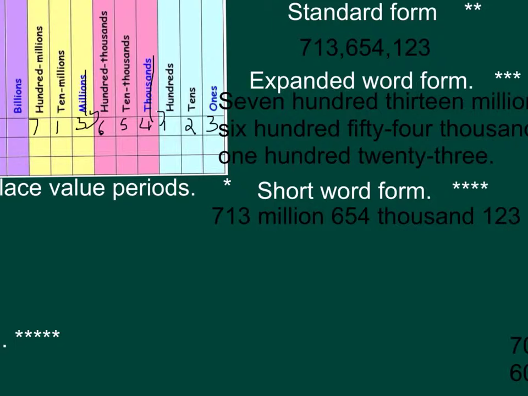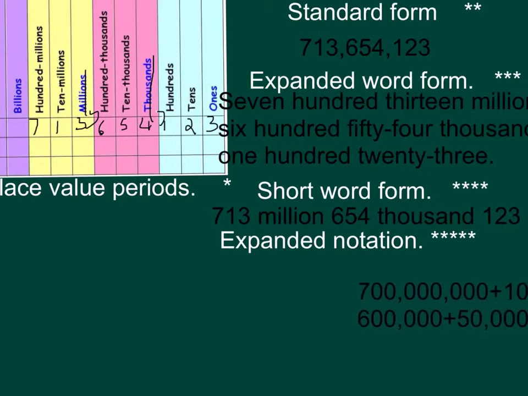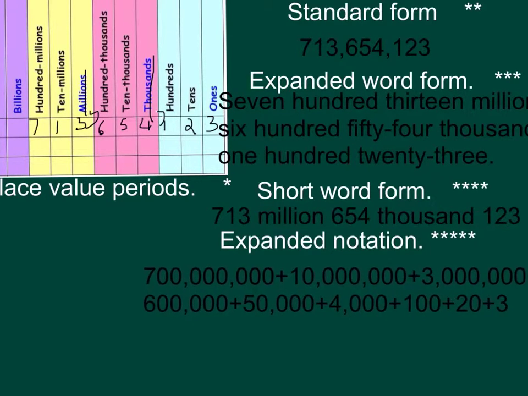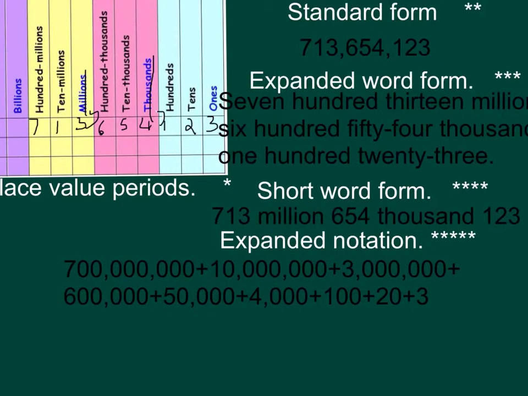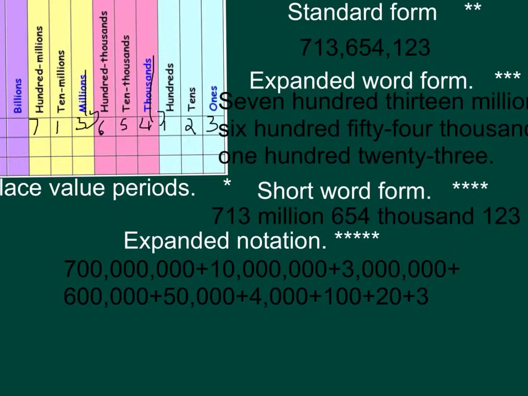The next way we can say the numbers, I know you're familiar with this because we've done it before in class, is the expanded notation. That's where you take all the digits in the number and break them down into their own personal place value. Again, it's still the same number, just broken down. 700 million.